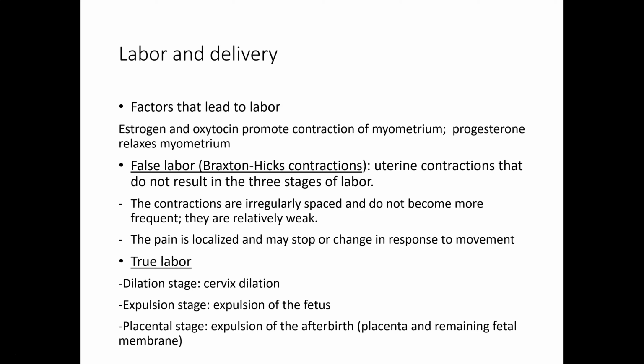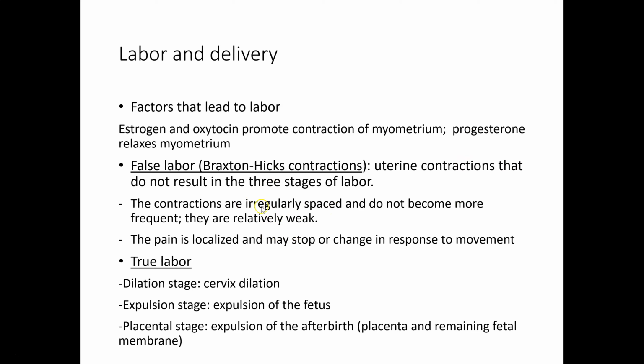So there are two kinds of labor. If you have experienced it, from your friends, family, or yourself, you have probably heard these terms before. One is called false labor, or Braxton Hicks contractions. The uterus starts to contract, but it's not regular, and the contraction tends to be relatively weak.